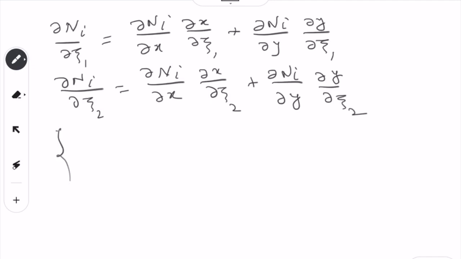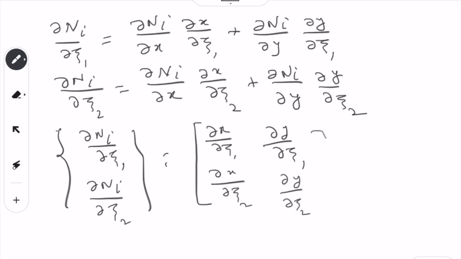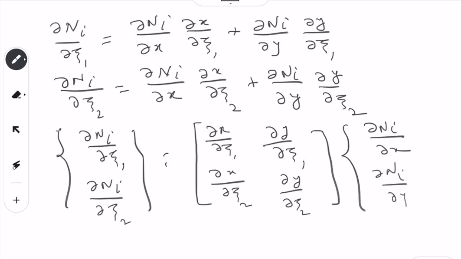Or simply we can write the column del Ni over del xi1, del Ni over del xi2 equal to the matrix del x over del xi1, del y over del xi1, del x over del xi2, del y over del xi2, multiplied by del Ni over del x, del Ni over del y.